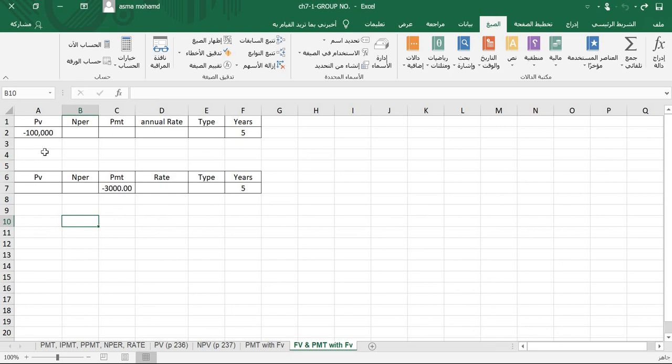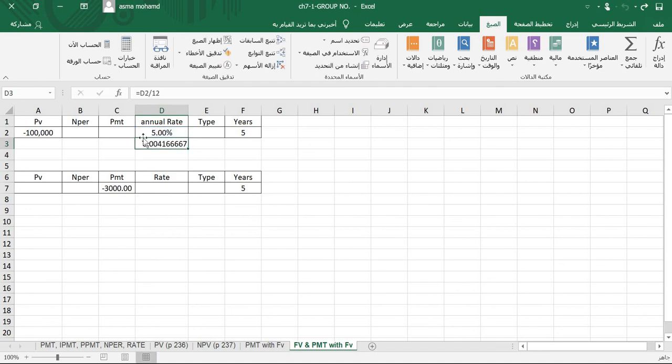Before we start entering the formula, because you are going to invest it, we put it in minus because this money is going out of your bucket. Now the annual rate. If the annual rate is 5%, we need to convert it to monthly rate, which is this rate divided by 12.